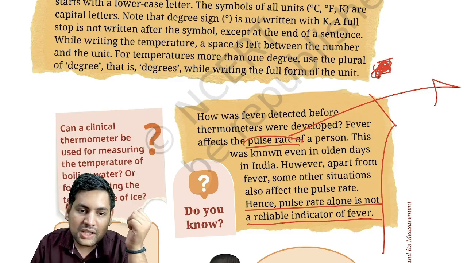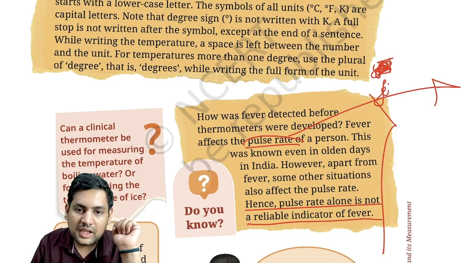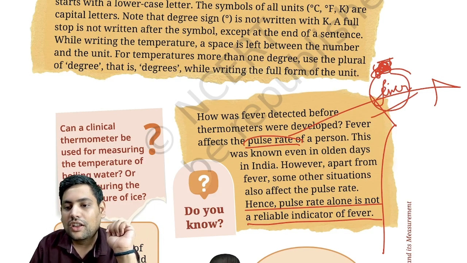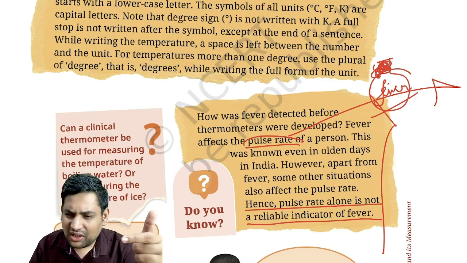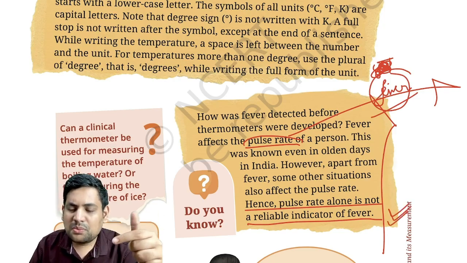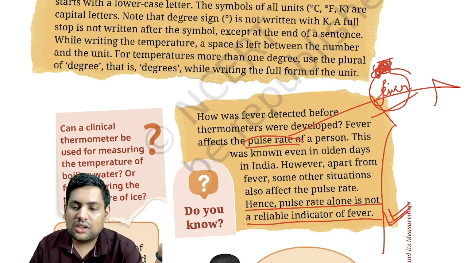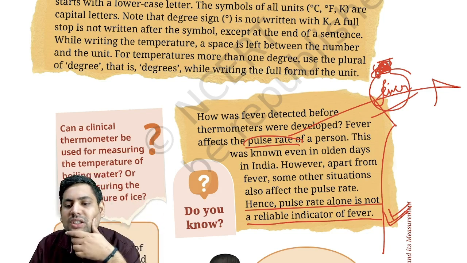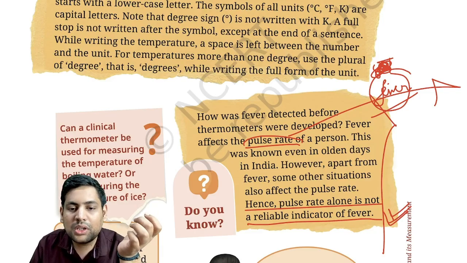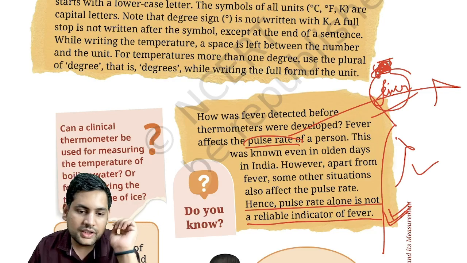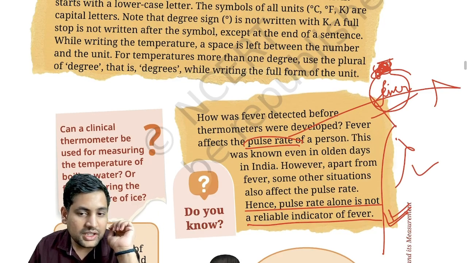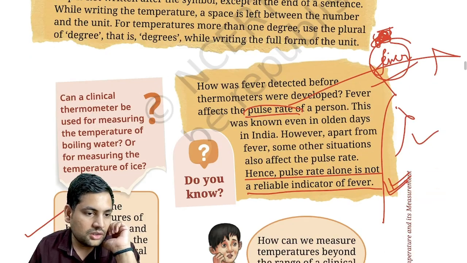So from their pulse, they used to guess whether a particular person is suffering from fever or not. Now that is not a very accurate measure, of course, because pulse rate can increase because of anything. Correct. For example, if you run a lot, after that also your pulse rate is higher. So not a very good indicator, but for those times it was fine. Nadi Vaidya, they were called.